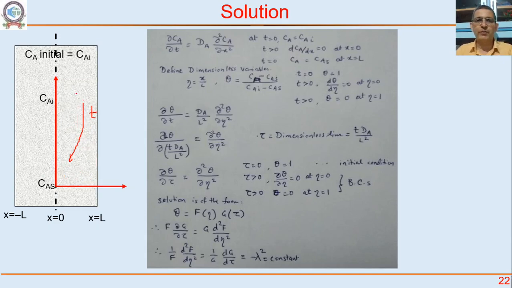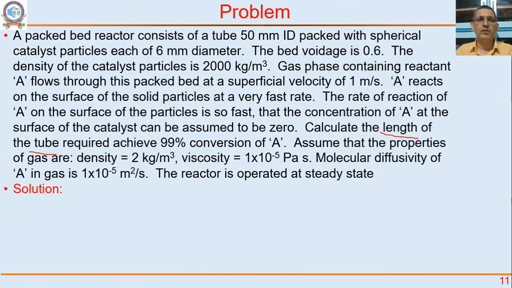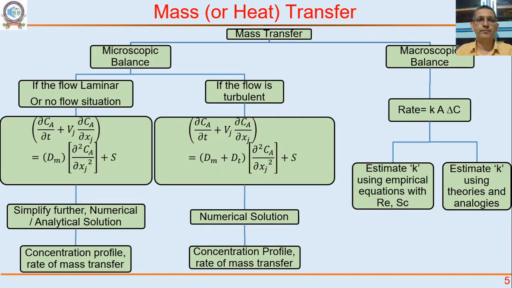Solid matrix. What methodology would we like to adopt? Flow is laminar, no flow situation. Definitely go for this. Definitely not turbulent. Definitely we should not go for macroscopic when we can do with a microscopic balance.